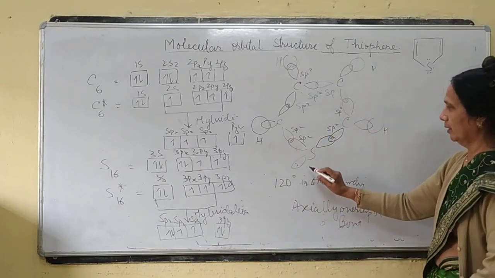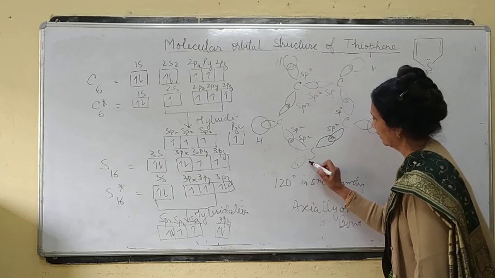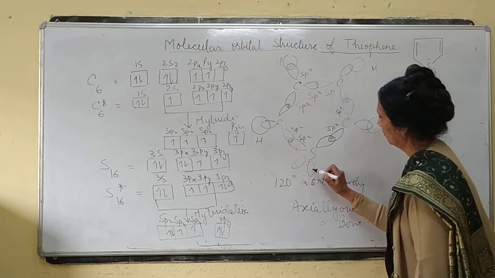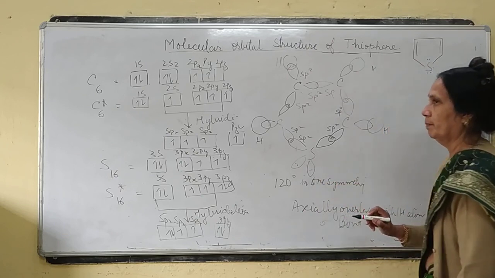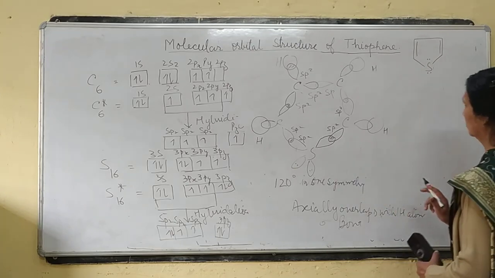The sp2 hybrid orbital having a lone pair of electrons is in this axis only, and pz is perpendicular to this, having a lone pair of electrons.